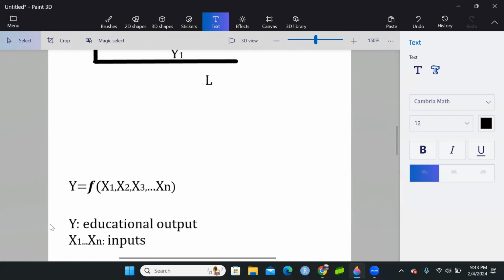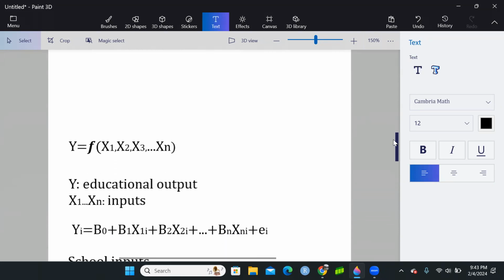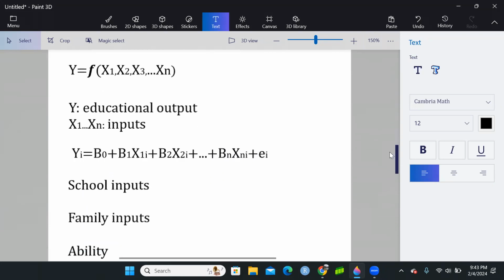That's very frequently how educational output is measured. The inputs into the education production function, that's another complicated task to figure out, what inputs you might include in this function. And so we'll go over a couple broad categories of inputs that you might include.